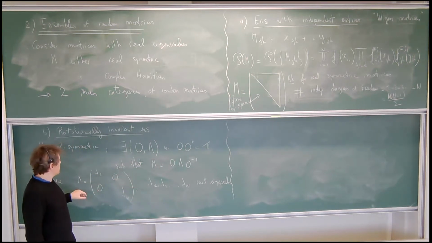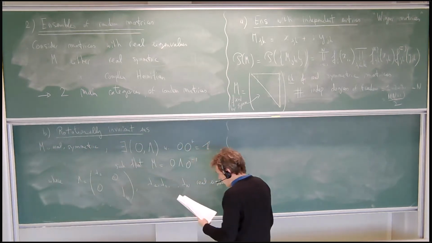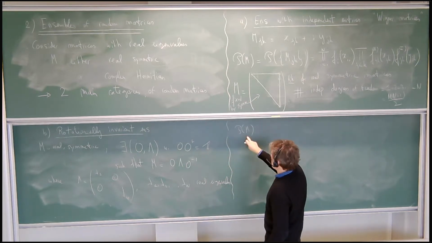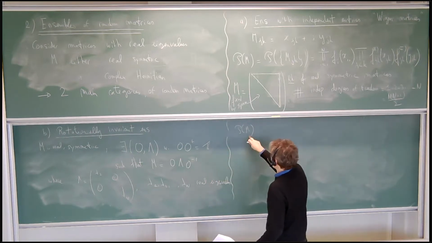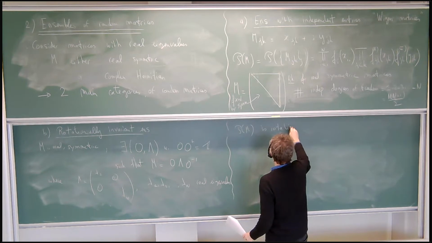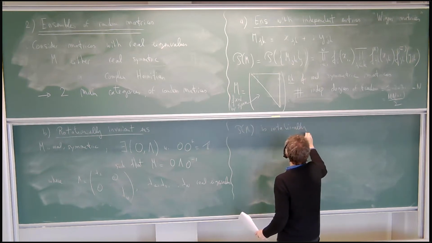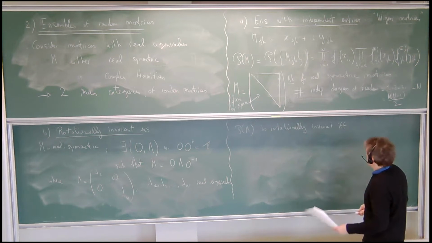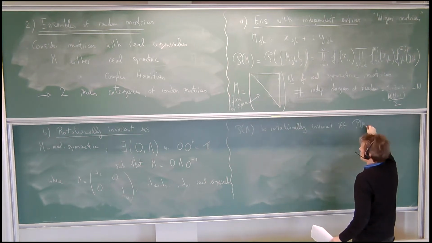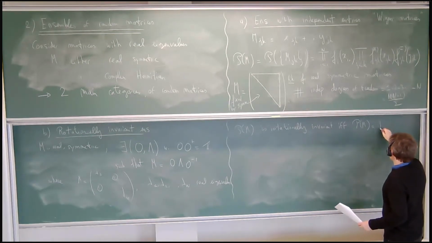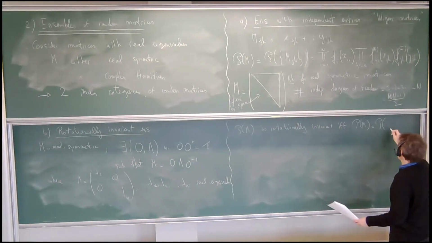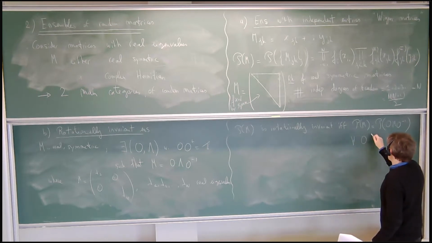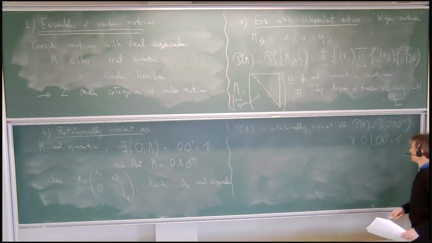In other words, you will say that P of M, the probability measure on the ensemble of such random matrices, is rotationally invariant if and only if P of M is just the same as the distribution of P, but with the sum for all matrices O such that O O transpose is equal to identity.